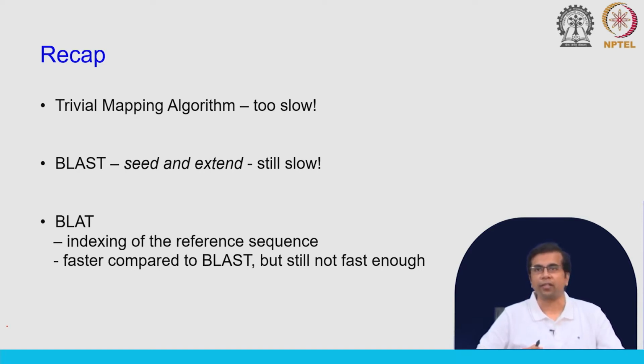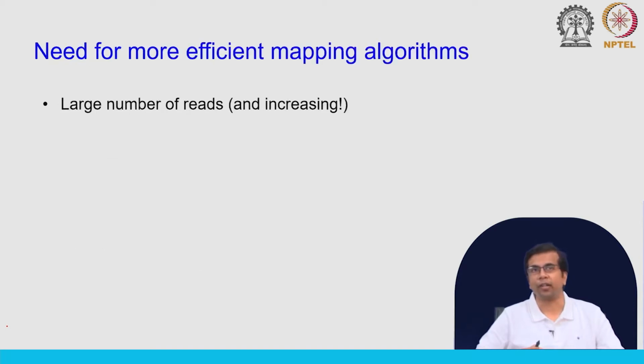So, the search for better algorithms continues. We need more efficient algorithms. By efficient we mean it should be able to process a very large number of reads, and this number is also going up as the technology progresses. This is crossing from millions to billions now.